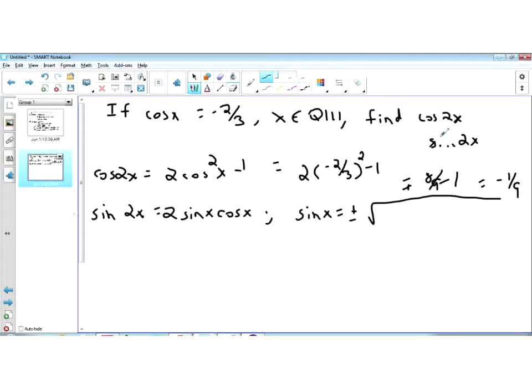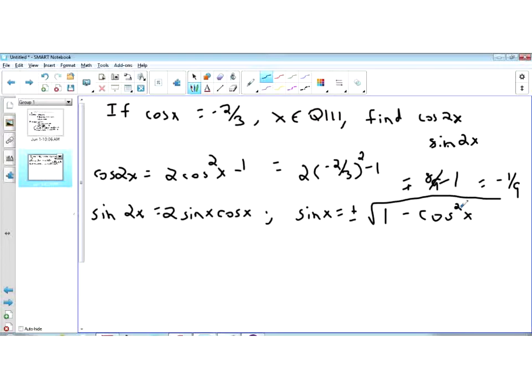Okay, so that's the sine of 2x. We know that the sine of x is equal to plus or minus the square root of 1 minus cosine squared x. All right, so we have that result.